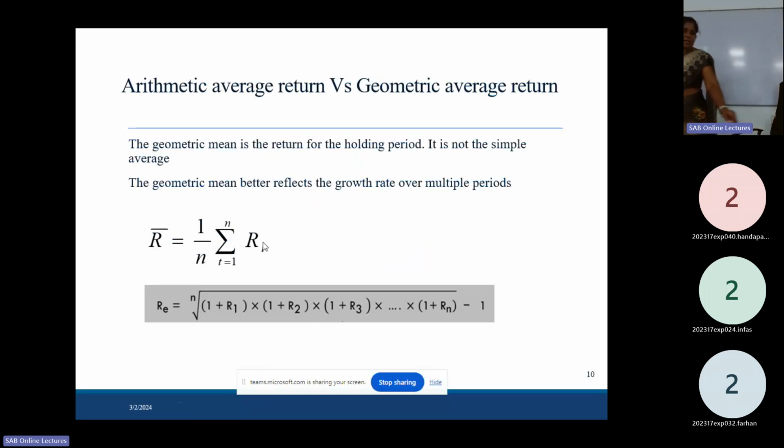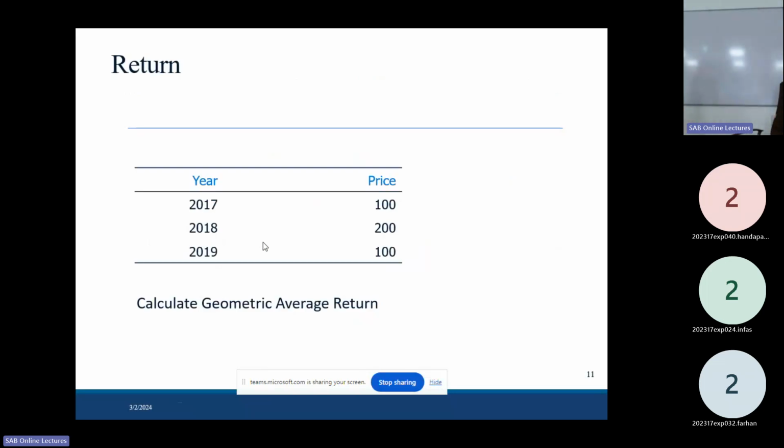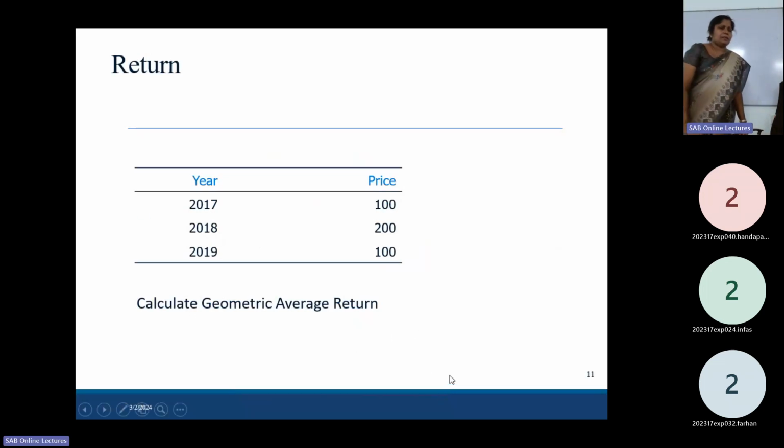So let's look at this example. You will realize this with the example. Now see here. There are 3 years of price information given for 2017, 18 and 19. A 3 year holding period.